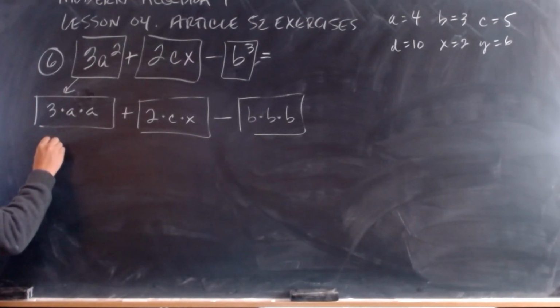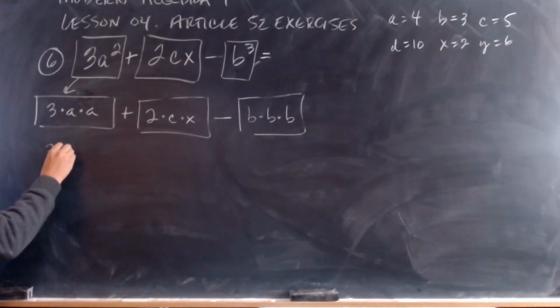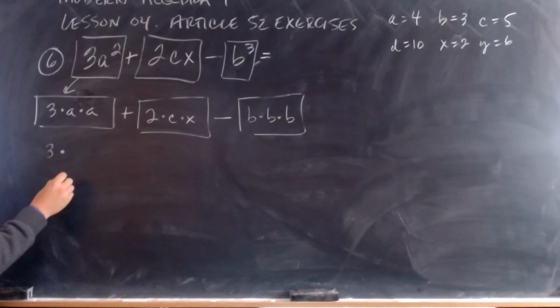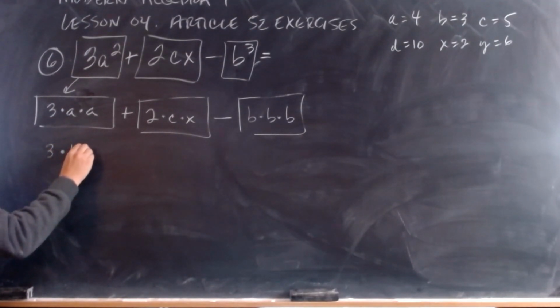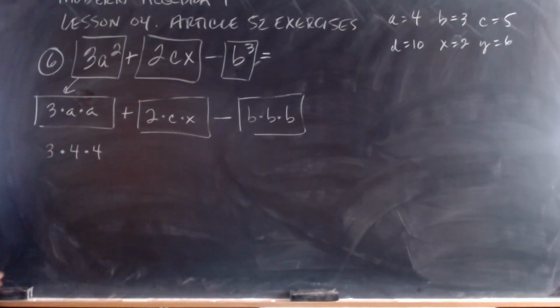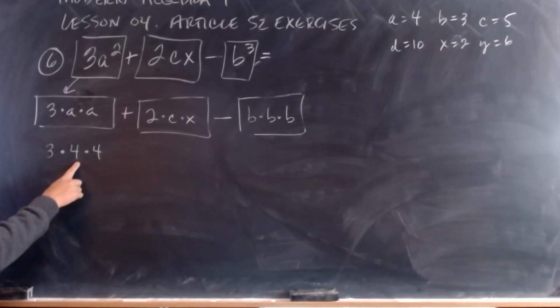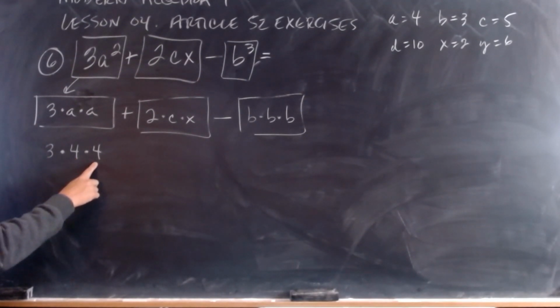This term here we have 3 times a squared. What's a? A equals 4, so 4 times 4. We have to find the value of this term if a equals 4. What's 3 times 4? 12. What's 12 times 4? Think first. 48.